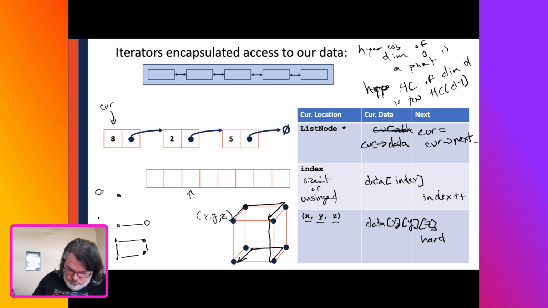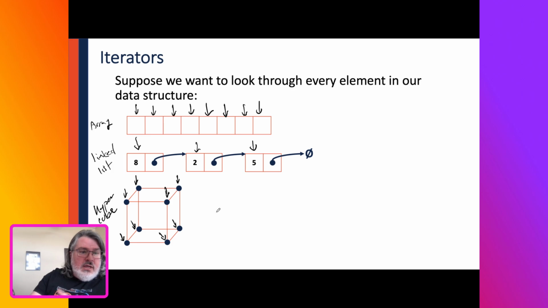This is 0, 1, 2, 3, 4 would be two cubes with every point connected. Again, I don't want to go into this because the whole point is, as a programmer, I don't really care necessarily. I just want to get all the data. I just wanted a way to get all the data points stored in this hypercube out of it.